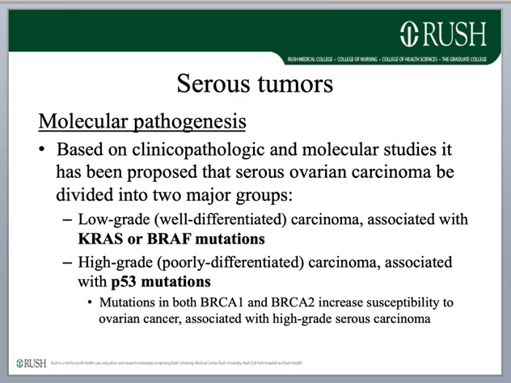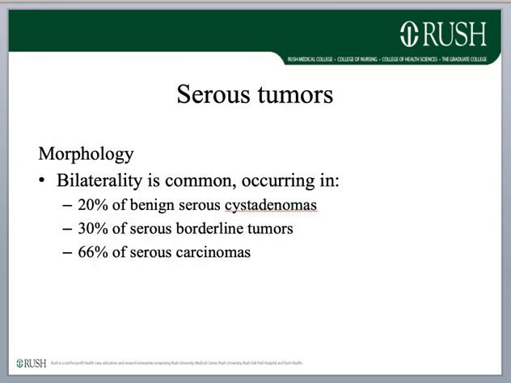Low-grade serous carcinoma is associated with KRAS or BRAF mutations, while high-grade carcinomas are associated with P53 mutations. Note that mutations in both BRCA1 and BRCA2 increase susceptibility to ovarian cancer, and these mutations are associated with high-grade serous carcinomas.